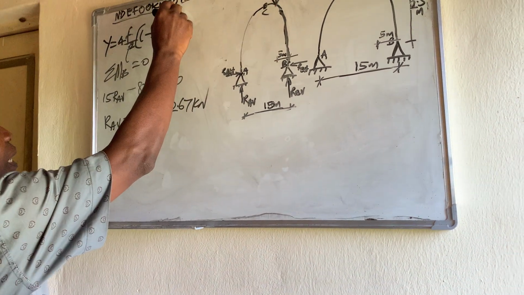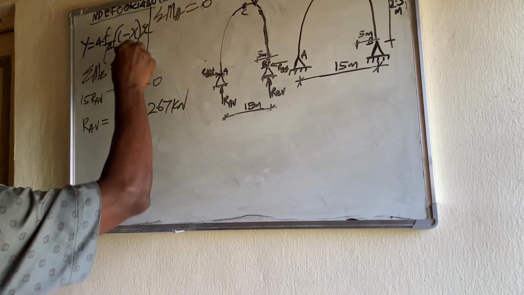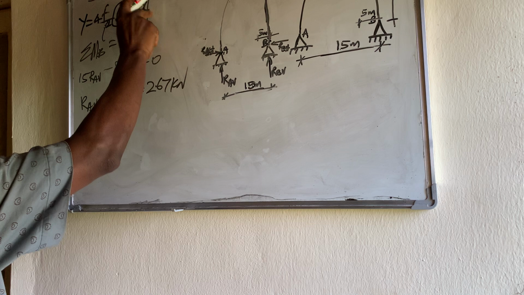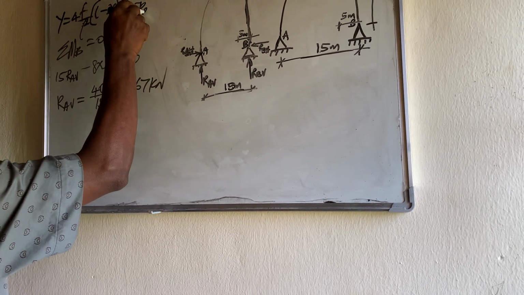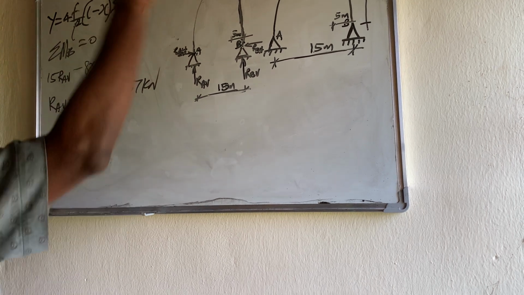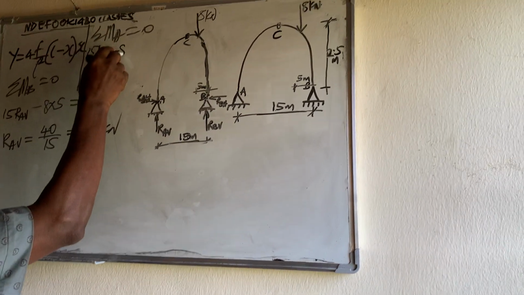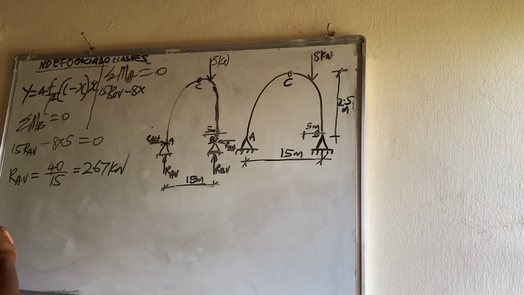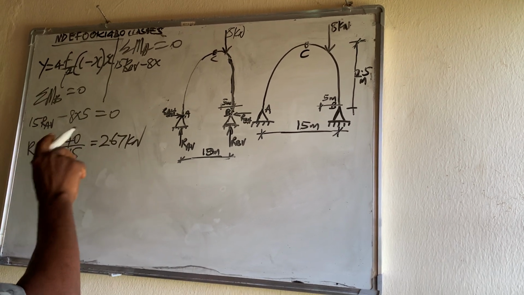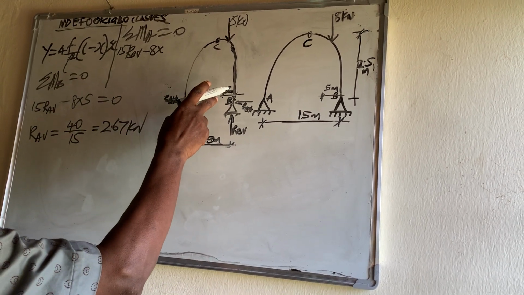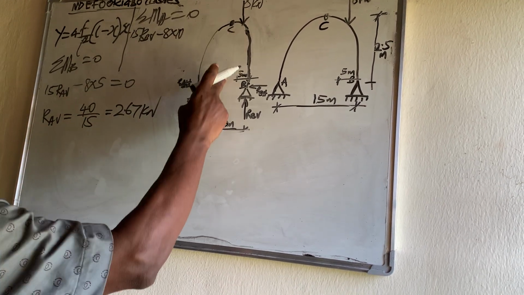So let us think of getting R_B vertical. We put moment about A equal to 0 to get R_B vertical. We have 15 R_B vertical, with R_B vertical turning this way and the load turning against it, minus 8 times the distance from A to the load.